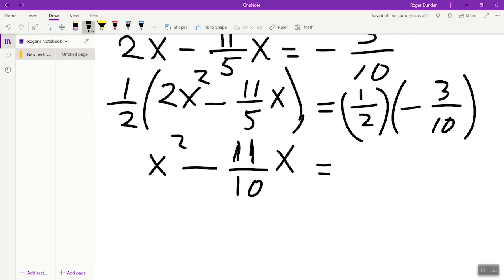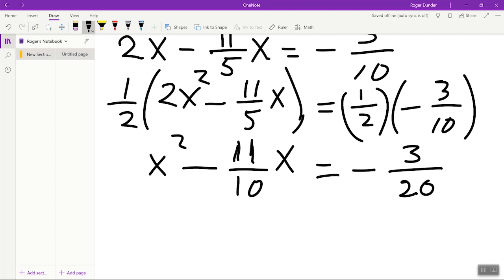Equal to 1/2 times 3 over 10 is 3 over 20. 1 times 3 is 3, 2 times 10 is 20. So this is minus, or a negative, 3 over 20. Okay, now we're ready to complete the square.